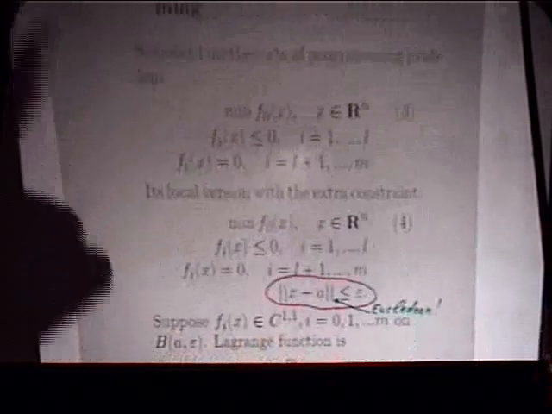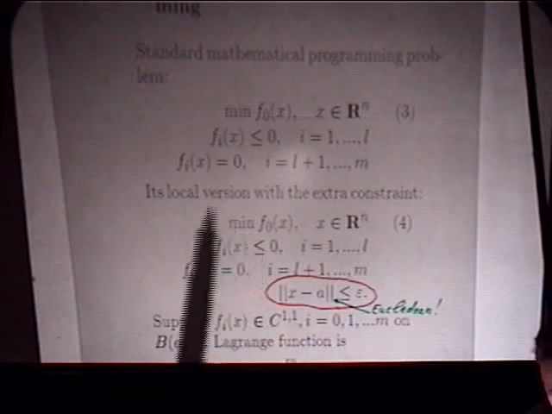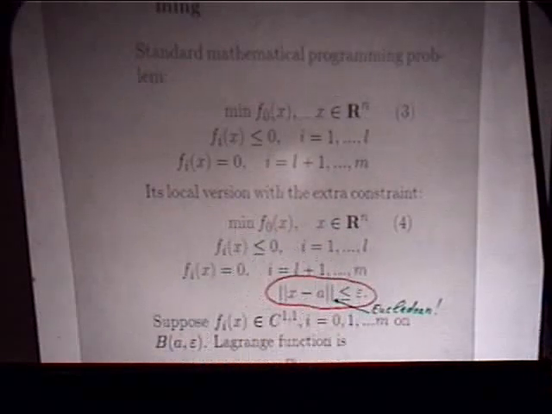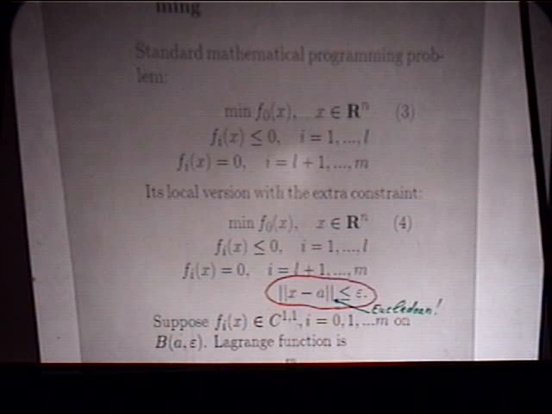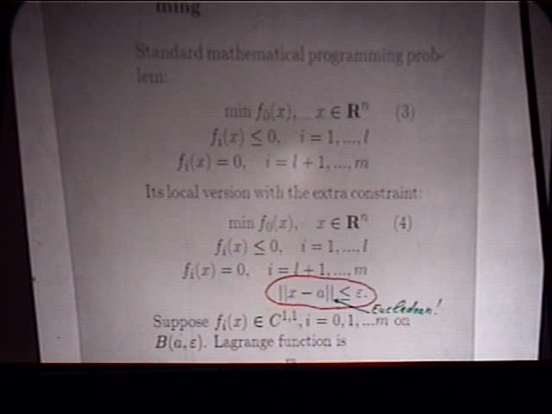Okay, but we consider not the original problem. We consider this problem with one extra constraint. The constraint is that the solution should belong to some ball centered at a point A, and the radius of this ball is some epsilon.